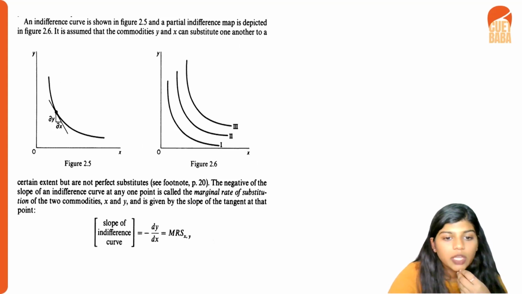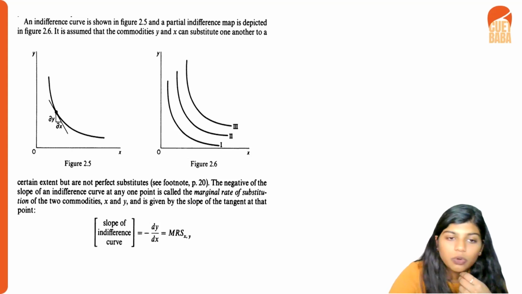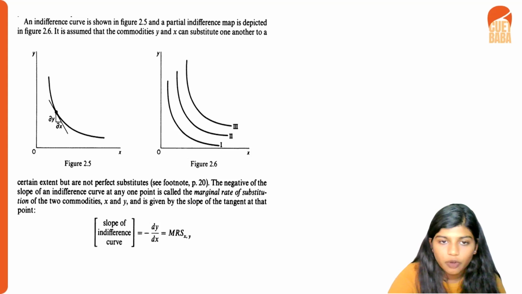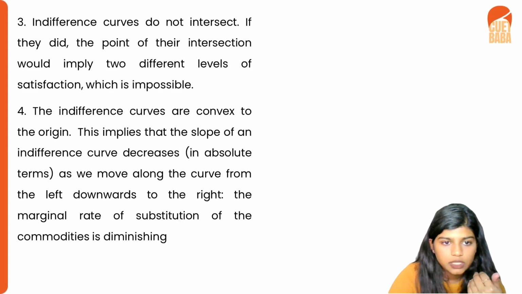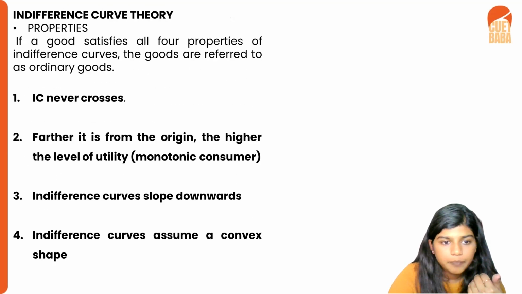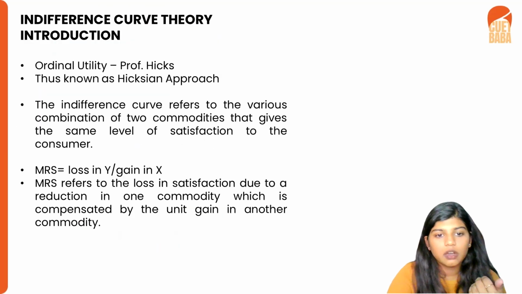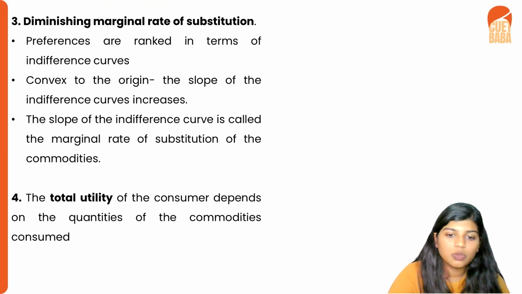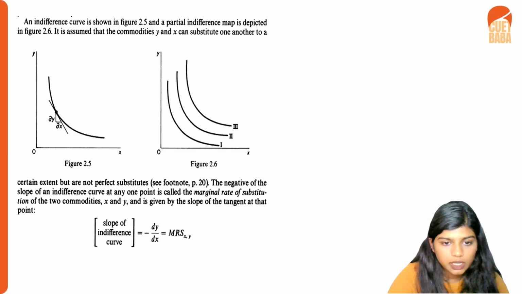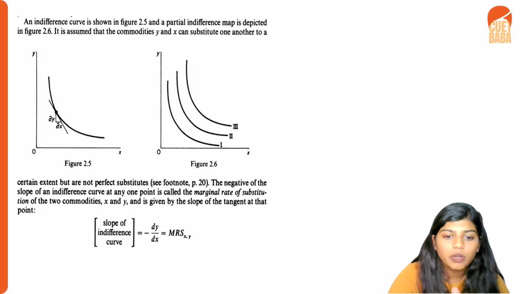So this would be the equation that shows the MRS of X and Y, two commodities, is negative dY upon dX. As I had already mentioned, the formula shown in the first slide is that the MRS is the loss in Y divided by the gain in X. So we can remember this as minus dY upon dX.